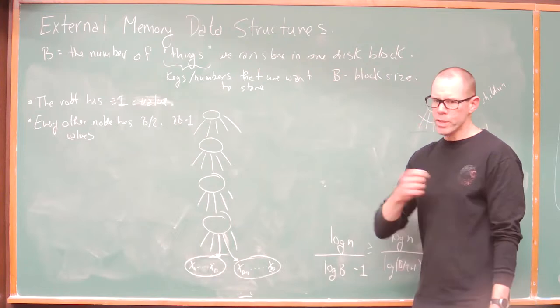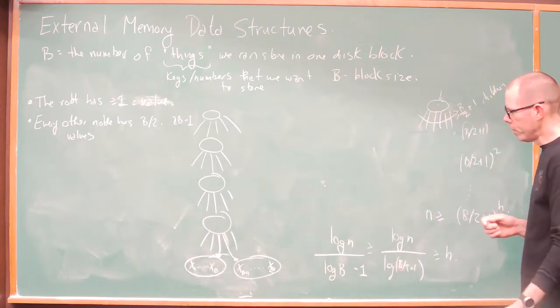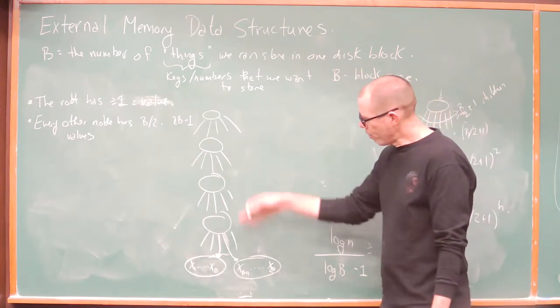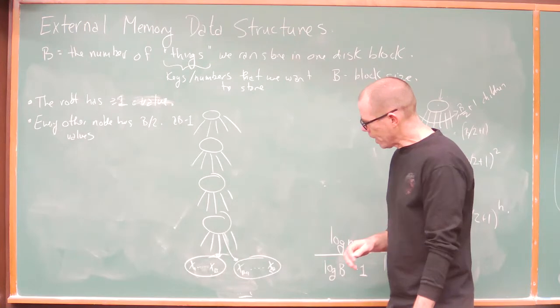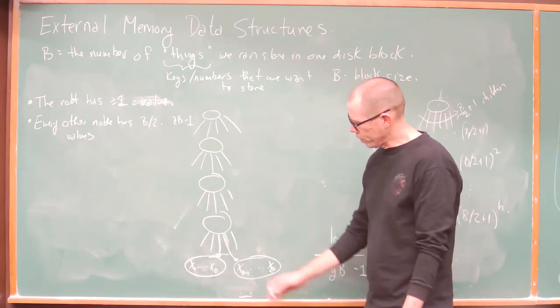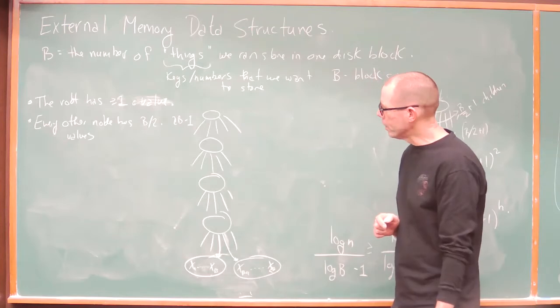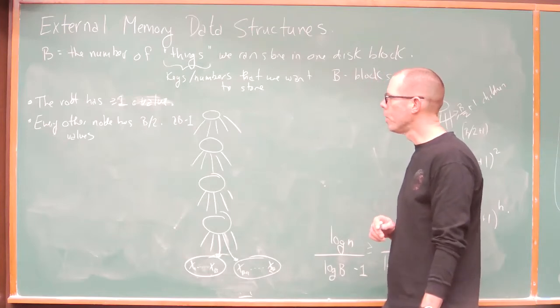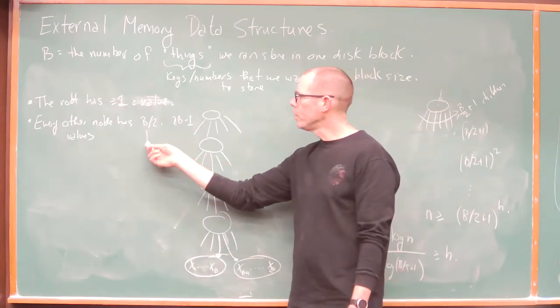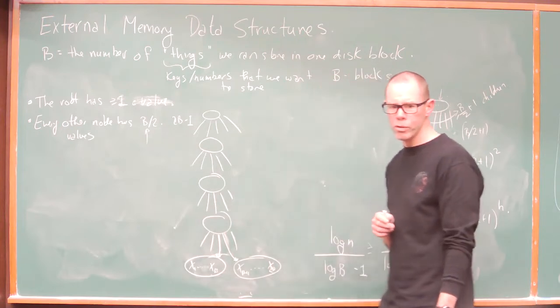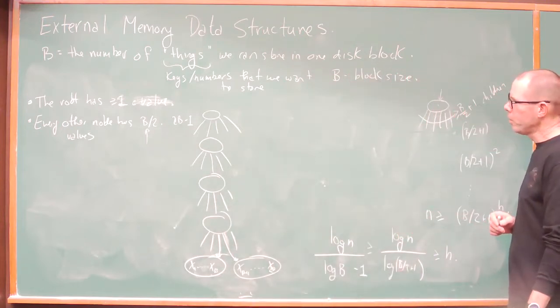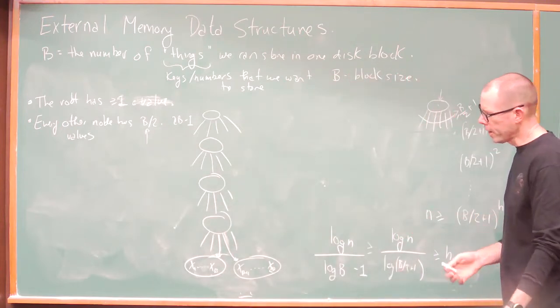When it's time to remove something, a similar thing happens. Most of the time you find it in a leaf, and you remove it, and nothing unusual happens. The only time there's a problem is when the leaf that you remove it from has exactly b over 2 values in it, in which case you need to do something.